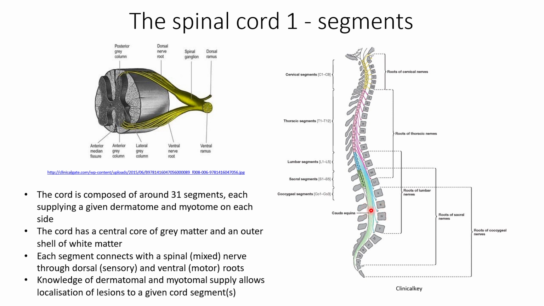By knowing about this, we know that we should, in theory, be able to safely perform a lumbar puncture, say at this level here, without risking damage to the delicate spinal cord, which has petered out at around the L1 or L2 vertebral levels. So there's some very important anatomy here. Let's move on.